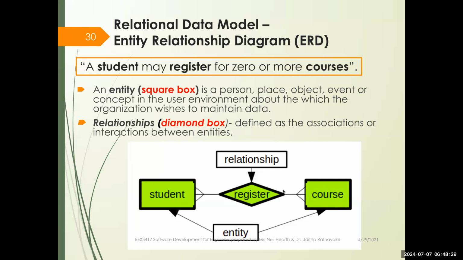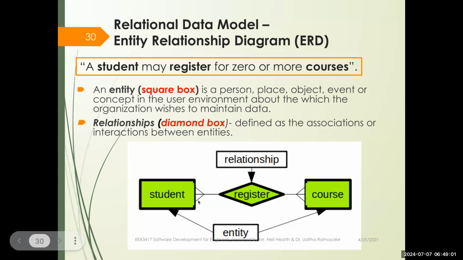Only these things are available: relationships and entities. I have to say this is an entity. This is an entity. This is also an entity. This is a relationship. This mark we call a crow's foot.